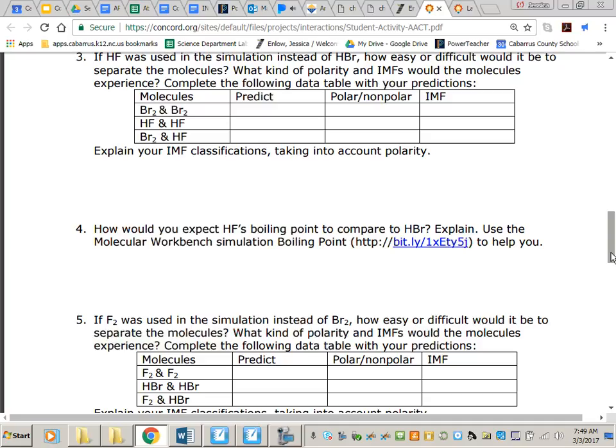And then Br2 and HBr. I know it's a full molecule, but I don't know if it'd be stronger.